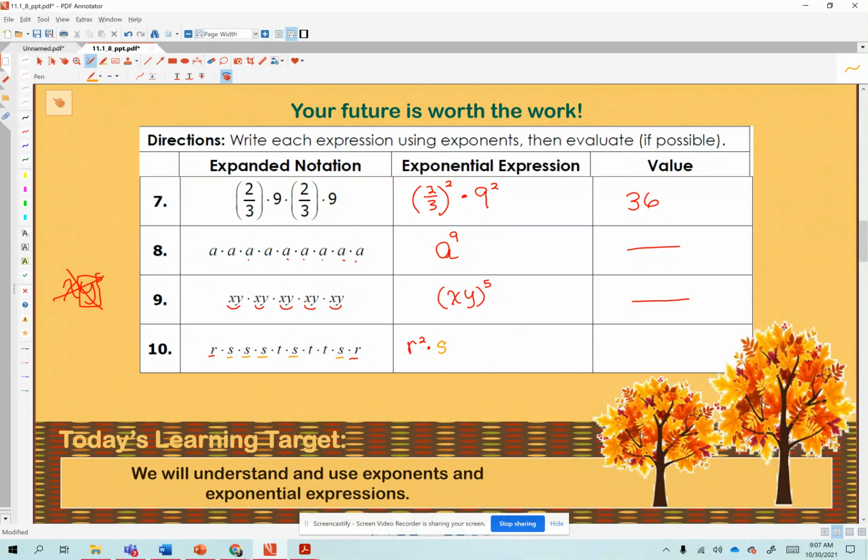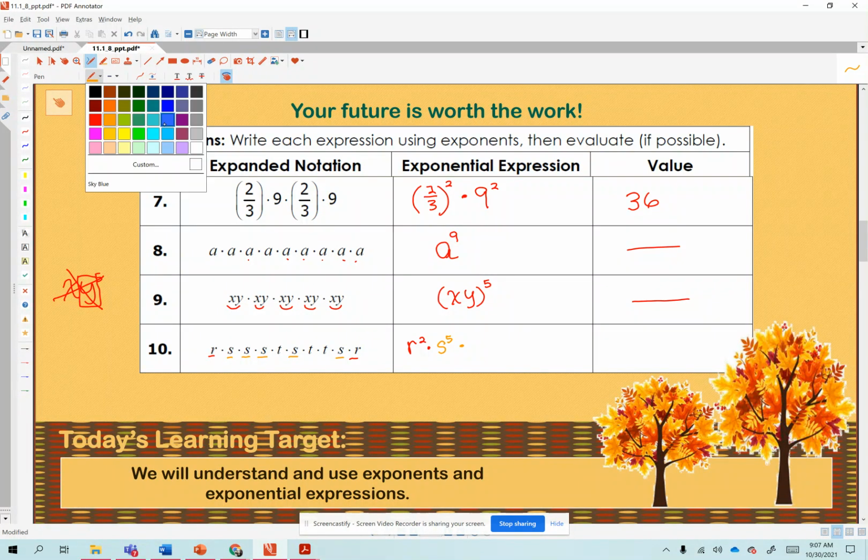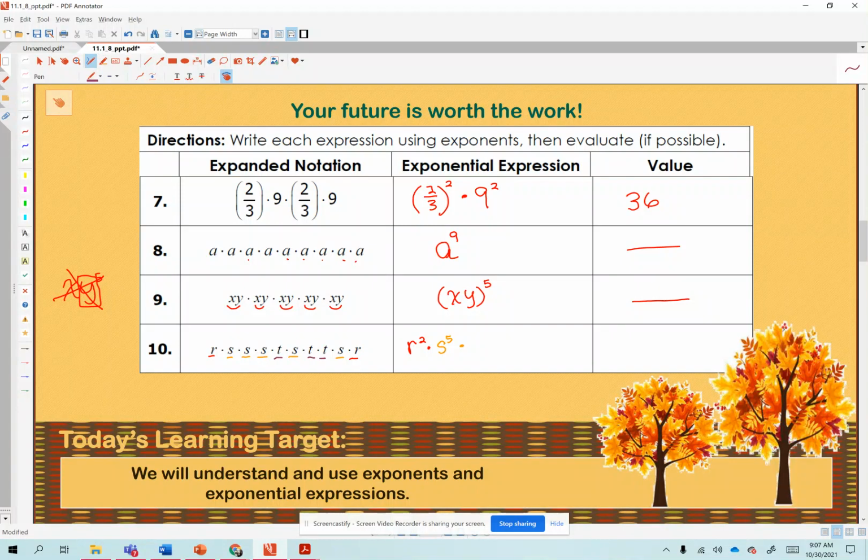So times S to the 5th power. And we'll change our color again. For t, we have 1, 2, 3 t's. So that would be t to the third power. And again, we cannot evaluate those because we don't know what the value of them is.